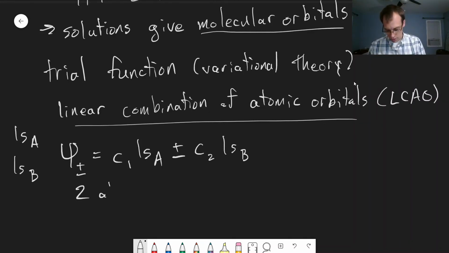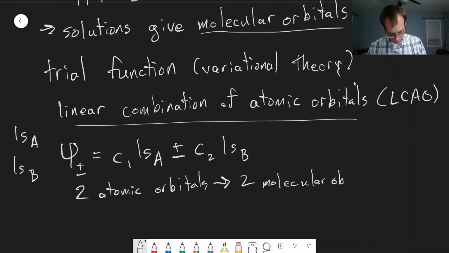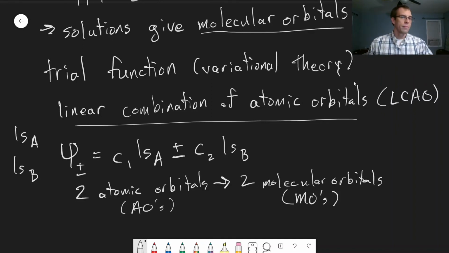So 2 atomic orbitals leads to 2 molecular orbitals. So we can call these AOs and these MOs. Okay, and so this will be our usual starting point for molecular orbitals.